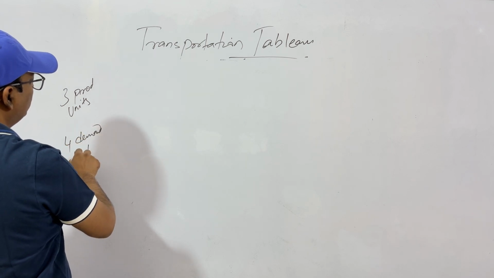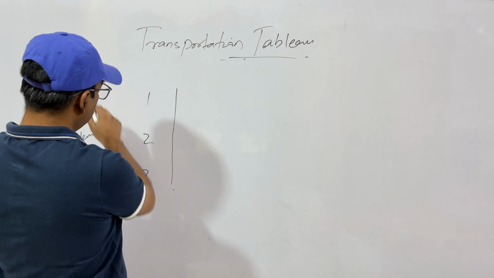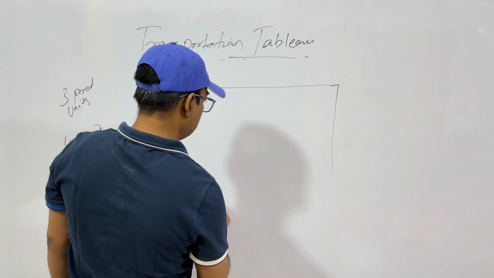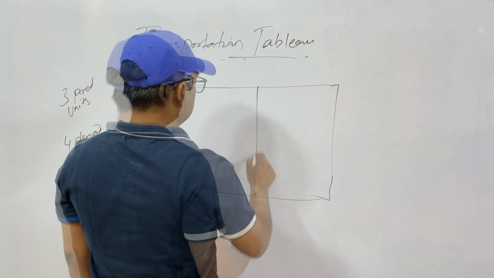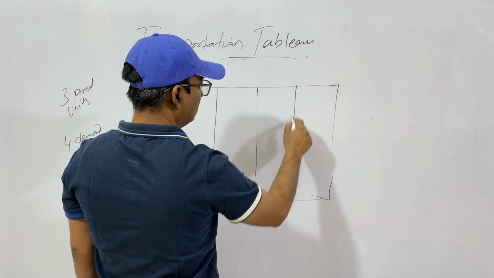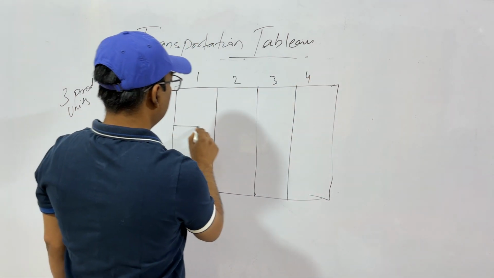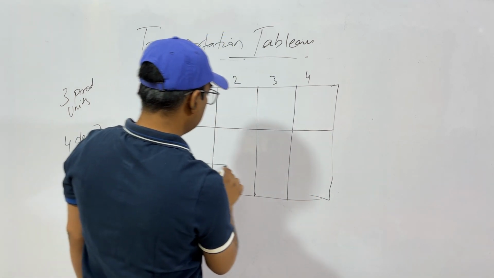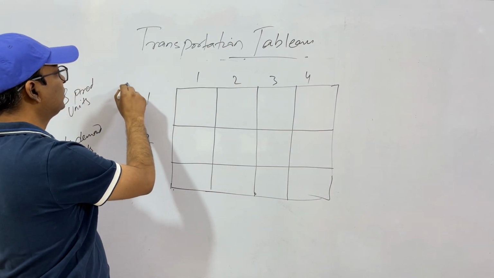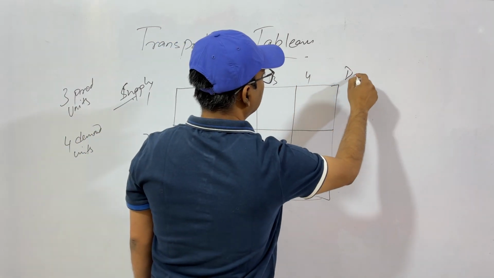Let's say this is 1, 2, 3, the production units, and 4 demand units here, 1, 2, 3, 4. So this is a table. These are production or supply units, and these are demand units.